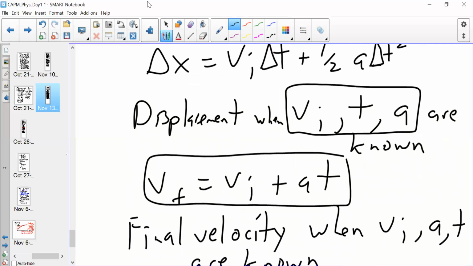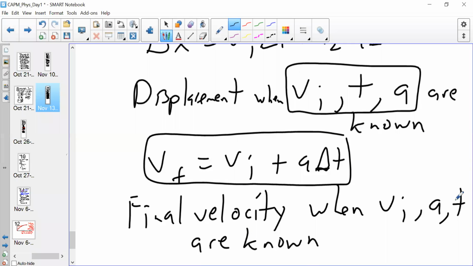And likewise, this equation here, instead of just t, it's understood delta t, but let me write it there for right now. So this is final velocity when I know my initial velocity, acceleration, and my time interval, not just one time. It takes time to change anything.